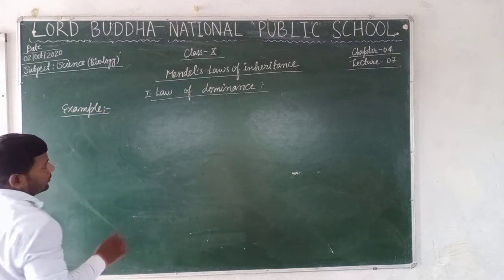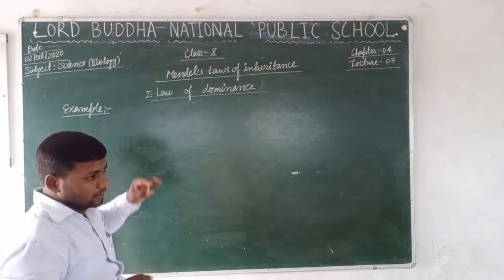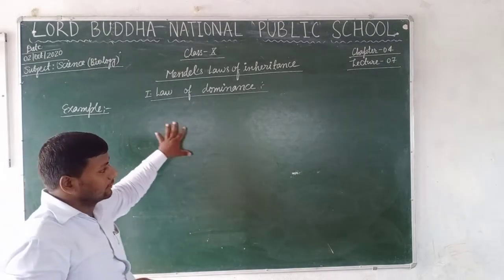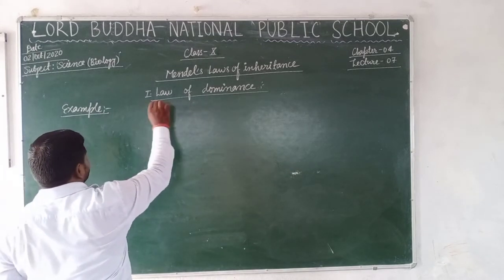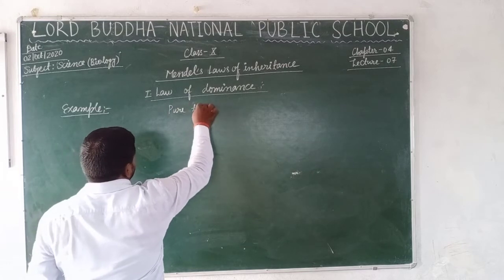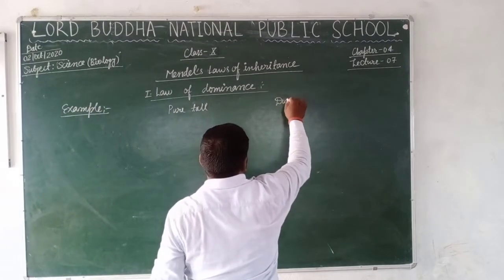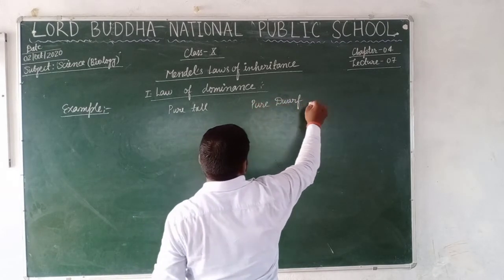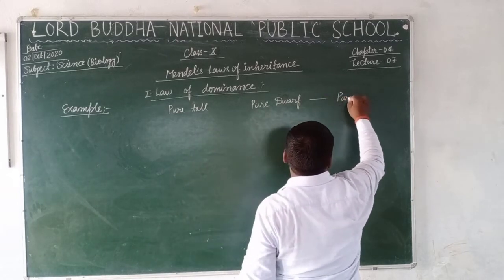It can be understood with the help of an example. When cross-hybridization is made by selecting a pair of contrasting alleles of the plant, here I am taking a pure tall and a pure dwarf plant of the parental generation.